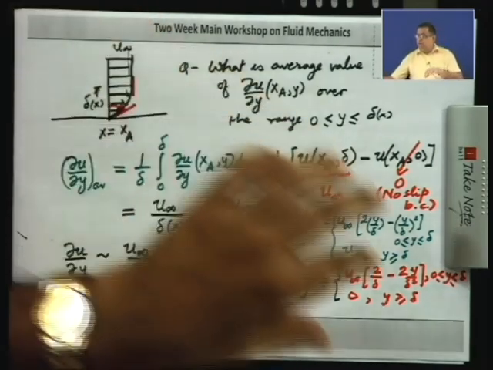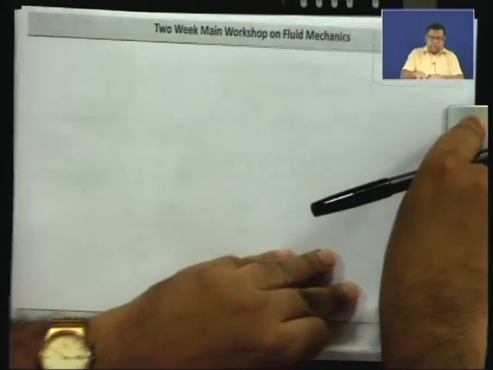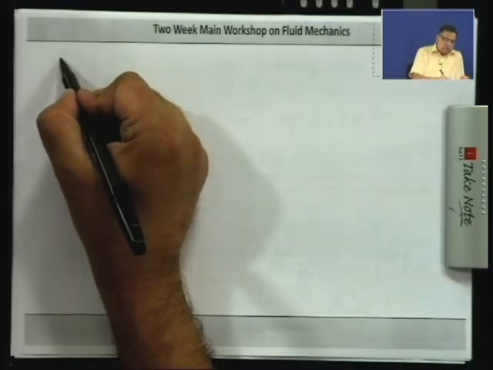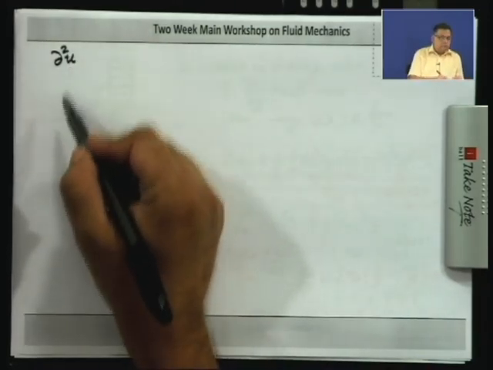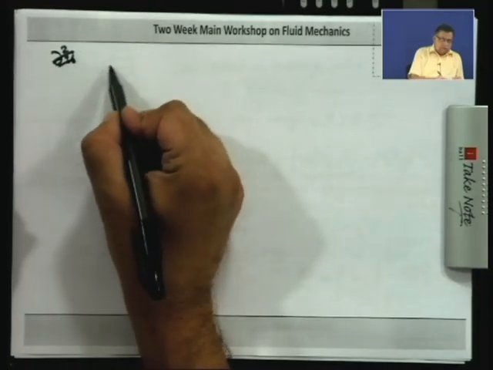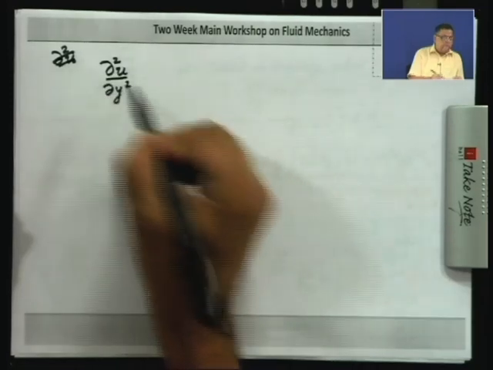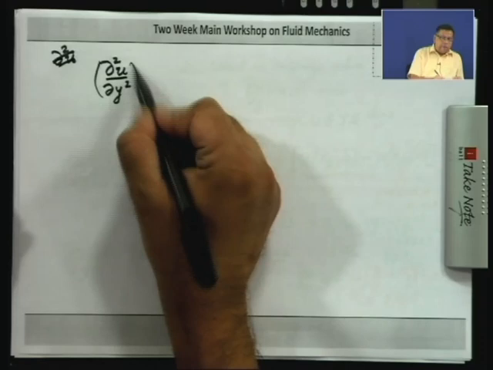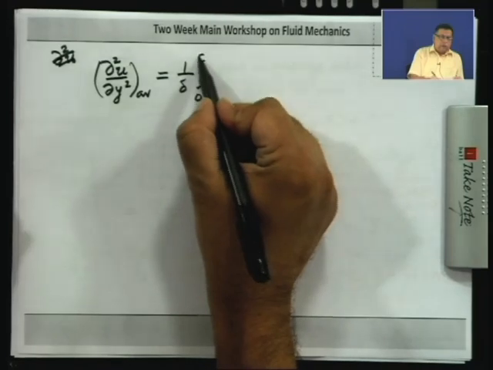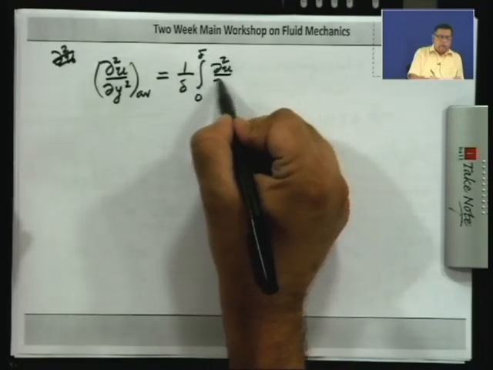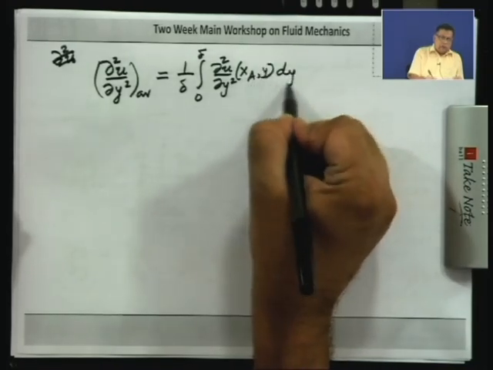Now, similarly we need to know the order of the second derivative. So, if I want the average value of this, I will write it as 1 upon delta integral 0 to delta del 2 u del y square at x a y dy.